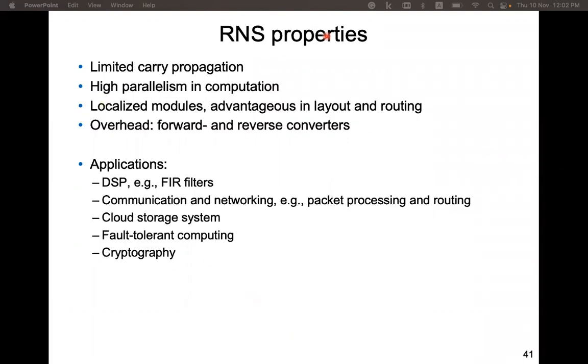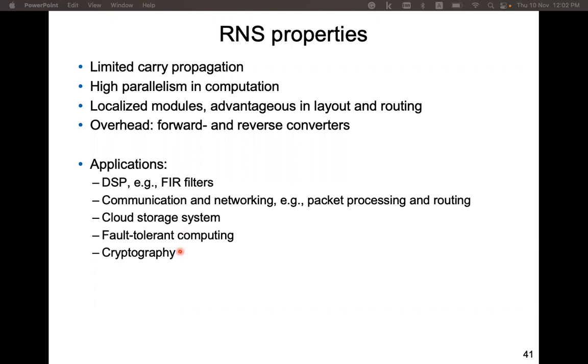Before that, here is a summary of the residual number system. It has limited carry propagation and high parallelism in computation. All those individual positions can be calculated in parallel. And you can achieve localized modulo, which is beneficial in layout and routing. But that involves some overhead. First, you need to convert the binary number into RNS.